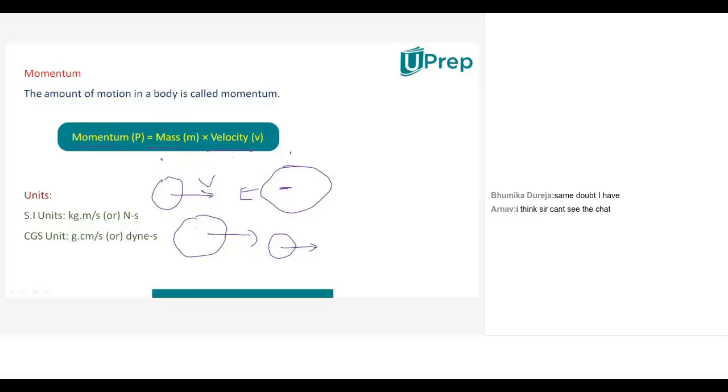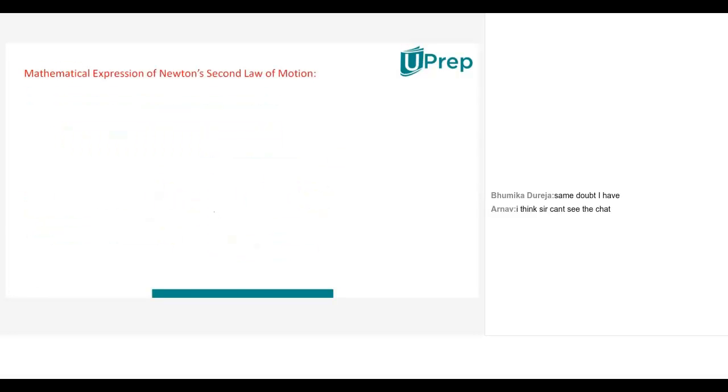Okay, very good. Now tell me whether this momentum is a scalar or vector. Sir, it is vector. Very good. It is a vector physical quantity.